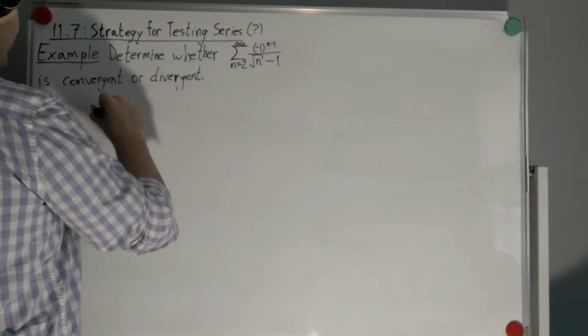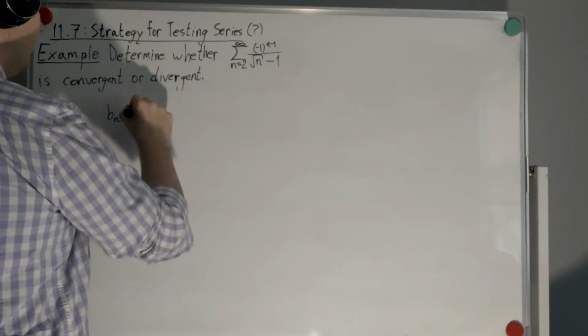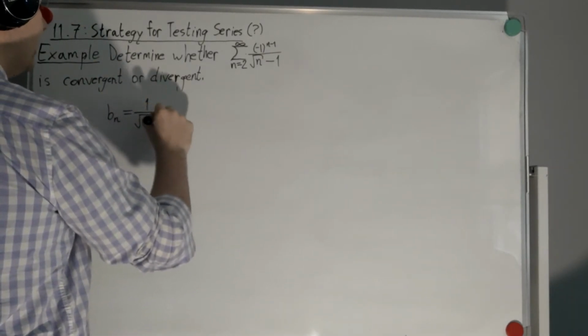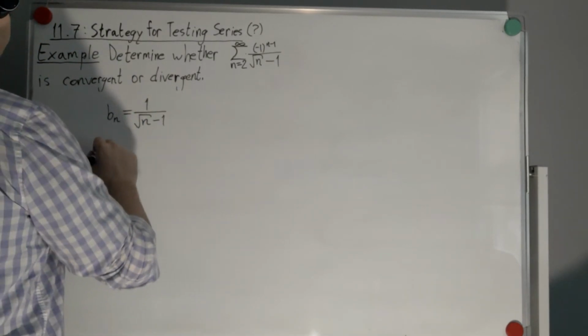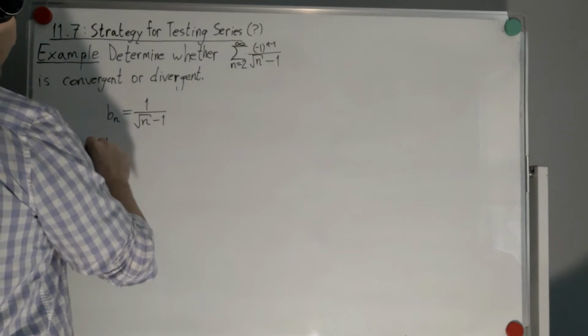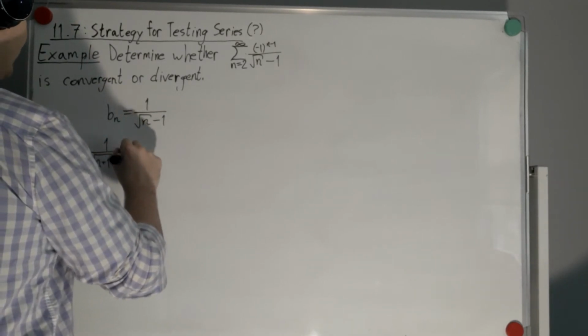Well, the sequence of absolute values, usually called bn. In our case, that's going to be 1 over the square root of n minus 1. If you take bn plus 1, that would be 1 over the square root of n plus 1 minus 1.